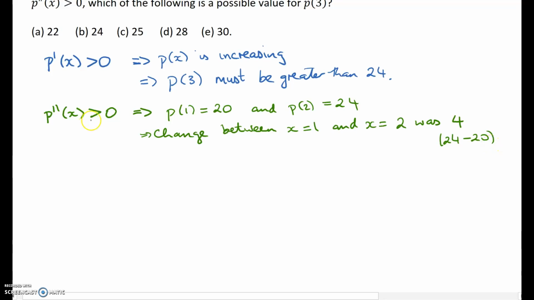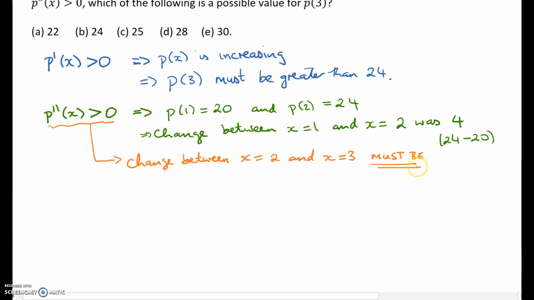Well, P double prime of x is bigger than 0. What that's telling you is that the change between x equals 2 and x equals 3, I beg your pardon, the change in P between x equals 2 and x equals 3 must be bigger than 4.